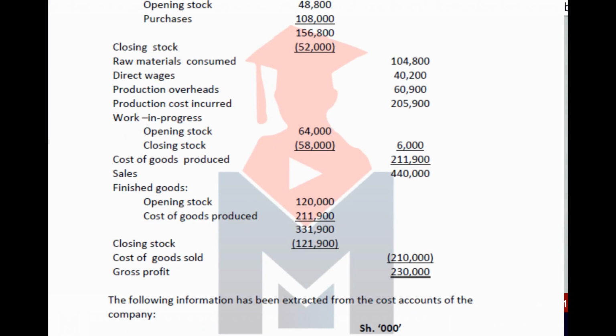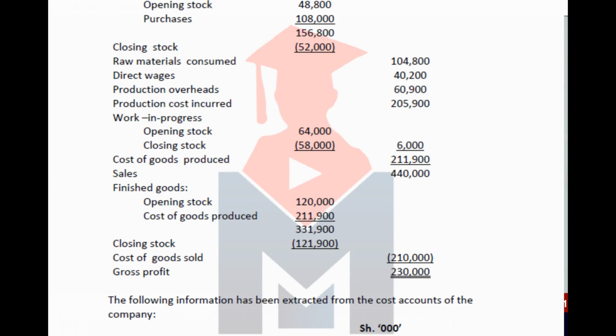Remember, the cost of goods produced in financial accounting can't be the same as with cost accounting because of the aspect of valuation of inventory. So that one is going to change when it comes to cost accounting.